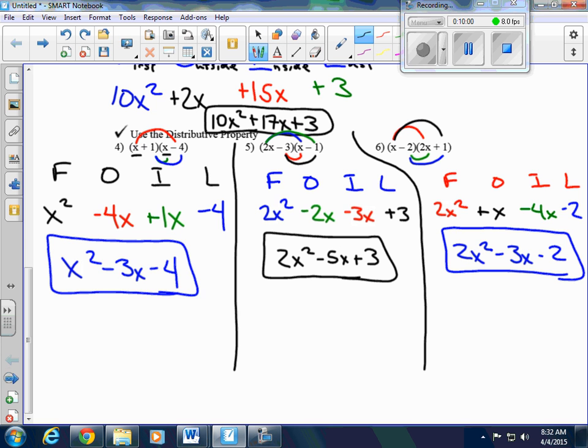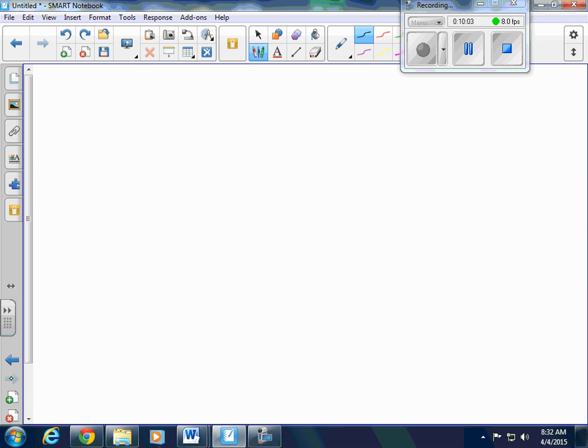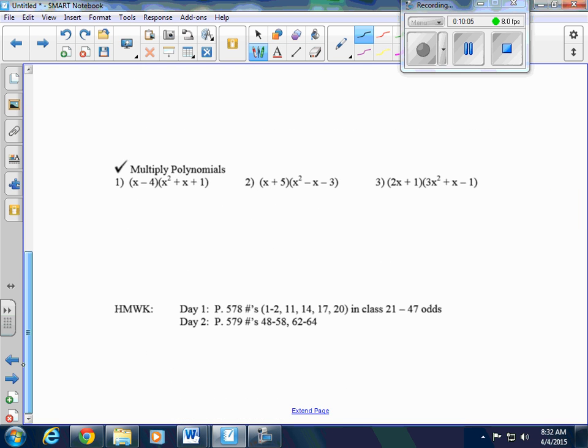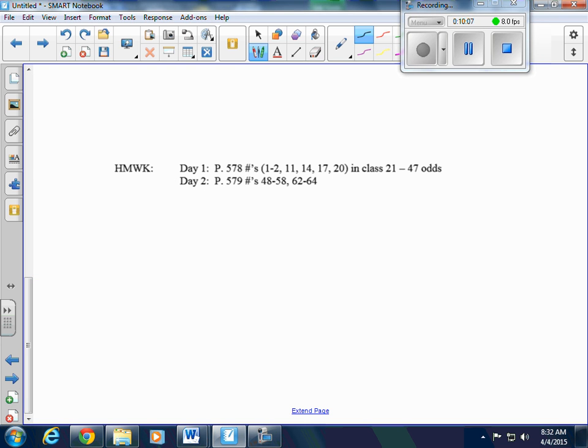But what I would like you to do is if you go to the bottom of your notes, it'll have the day 1 assignment, and it's on page 578. What I would like you to do right now is do this first part of it. I want you to do 1 and 2, 11, 14, 17, and 20.